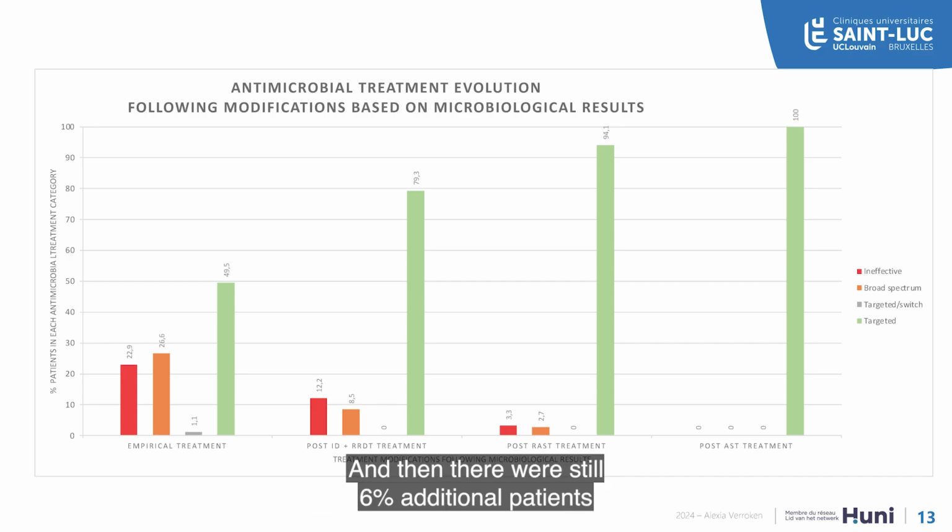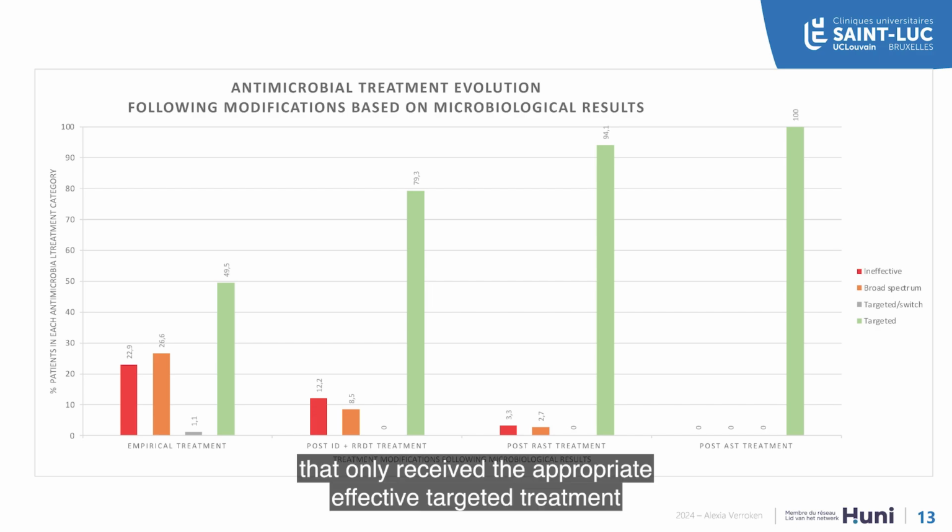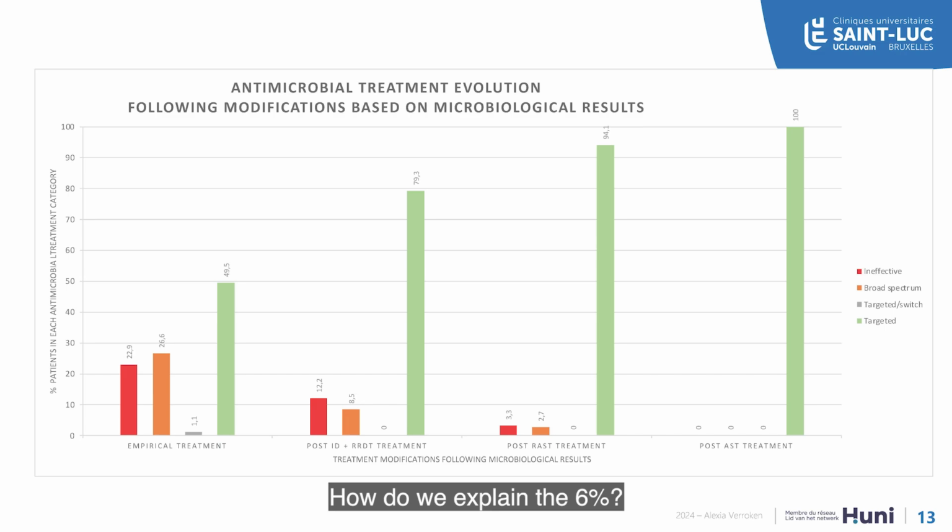And then there were still a 6% additional patients that only received the appropriate, effective, targeted treatment once the routine AST treatment was communicated. How do we explain these 6%?